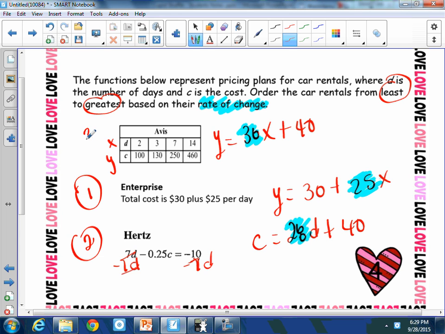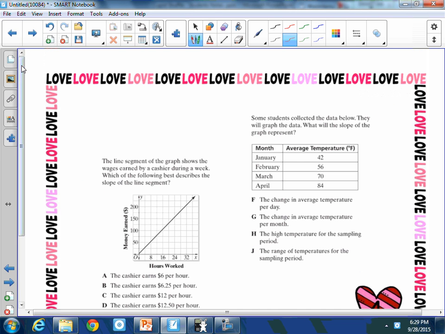Then Abbott. So ask yourself, which one would you pick? Abbott, Enterprise, or Hertz? Well, it depends on how many miles you're driving, but right now if I just take a look at the rate, it might be better to pick Enterprise because that's the smallest one. All right, I believe that is it. Oh no, darn it, we got one more.